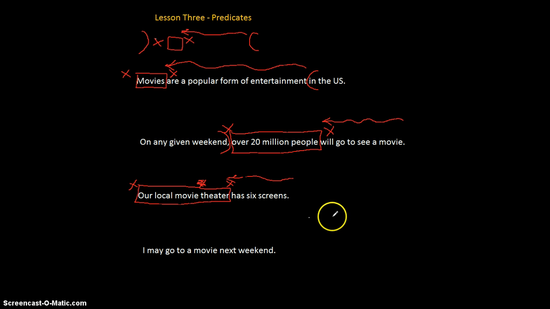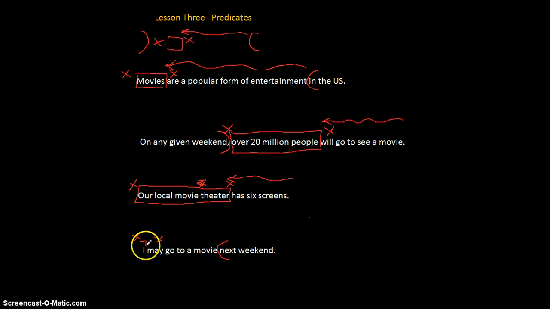Perfect. One more. I may go to a movie theater next weekend. The shifter, next weekend. X word, may. I move may to the front to make my yes-no question. May I go to a movie next weekend?